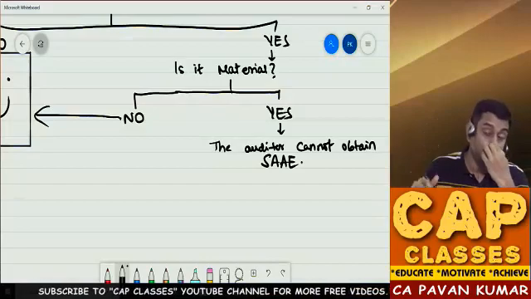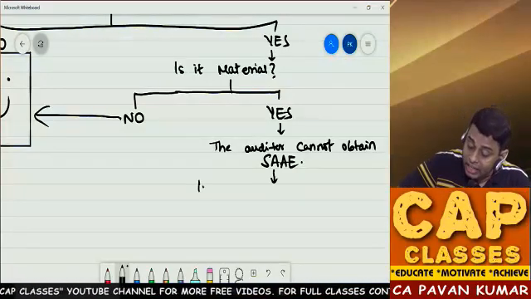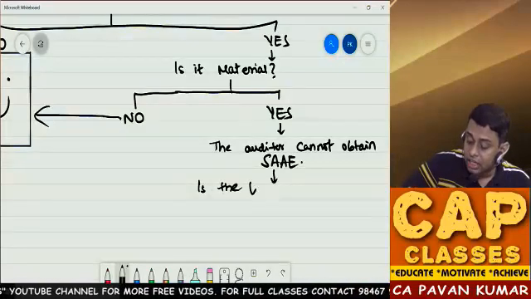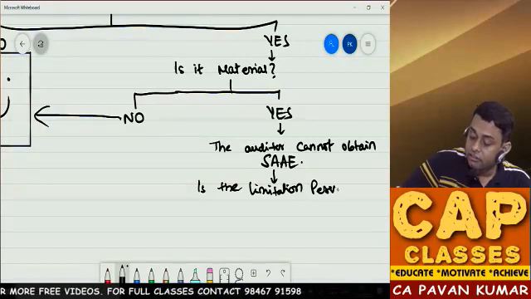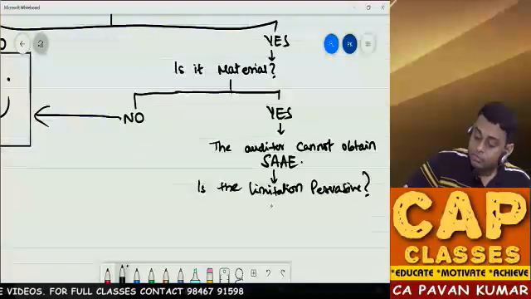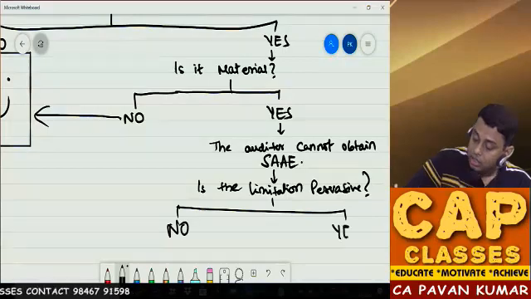Now this is a problem. So you'll ask the next question: is the limitation pervasive? The answer can be no. The answer can be yes.